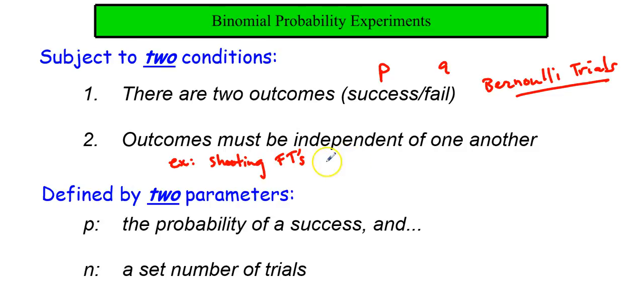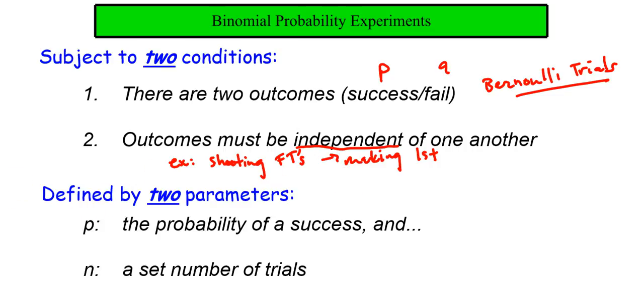Making my first free throw cannot affect the probability that I make or miss the second free throw. Whether that's true in this particular scenario, I don't know. But if they're independent, then making or missing the first free throw does not affect the probability that I make or miss the second free throw.